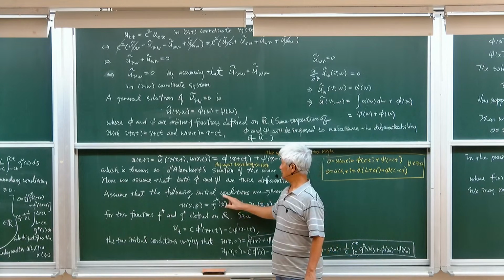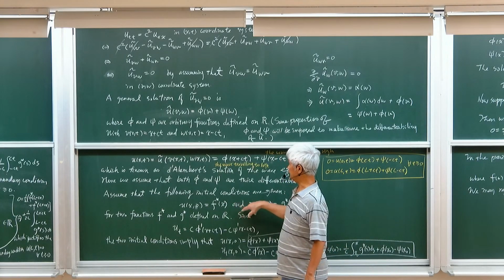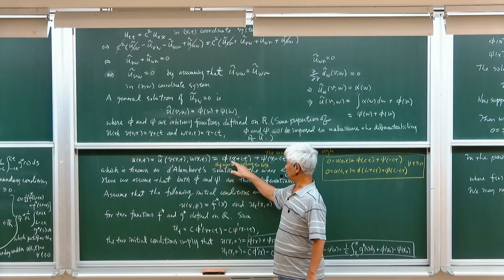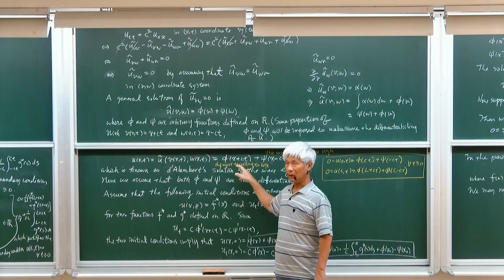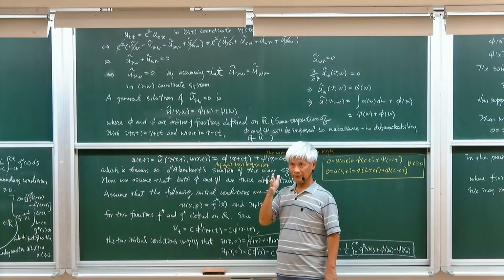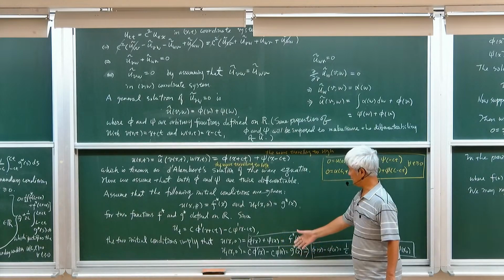But two initial conditions will be required to find these two traveling wave shapes, the phi function and the psi function, as we know here.